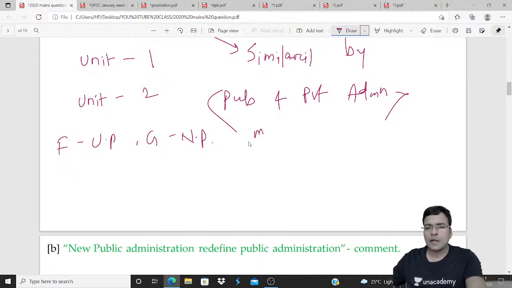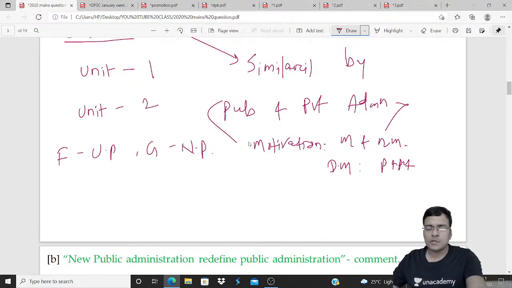And the idea of motivation, be it monetary or non-monetary, is also applicable for both. Idea of decision making is applicable for both public and private administration. Yes, this is one aspect of this answer.